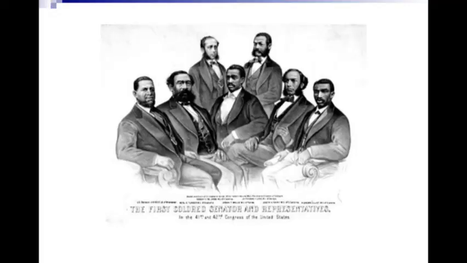And so the result is that there's actually quite a few African Americans elected to Congress. The first senator elected to Congress that's African American is a gentleman by the name of Hiram Revels. And on your drawing there, Hiram Revels is the one all the way on the left. One of the interesting little kind of sweet ironies of this is that Hiram Revels fills the position last held by Jefferson Davis.